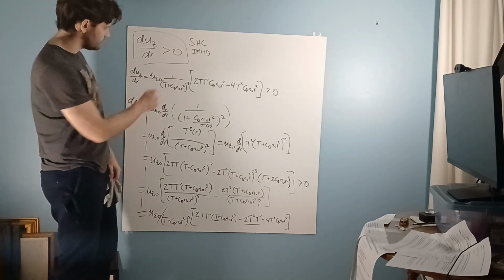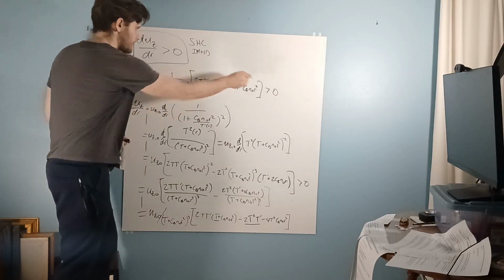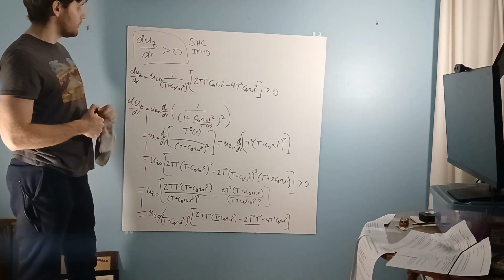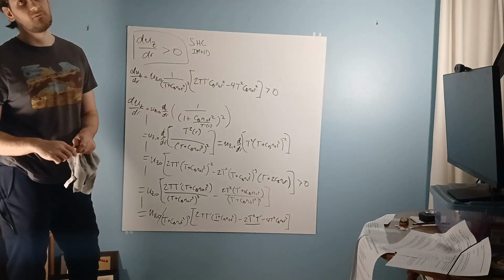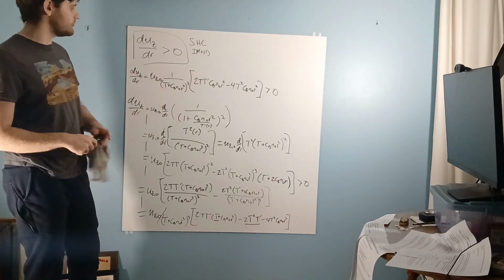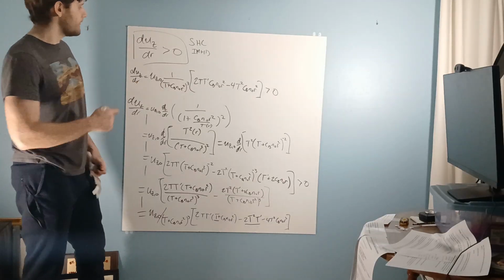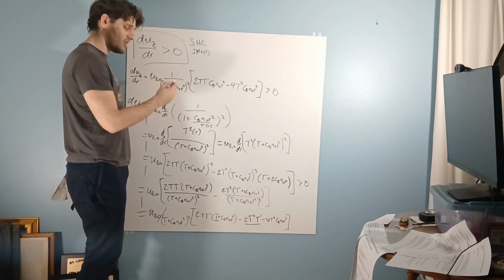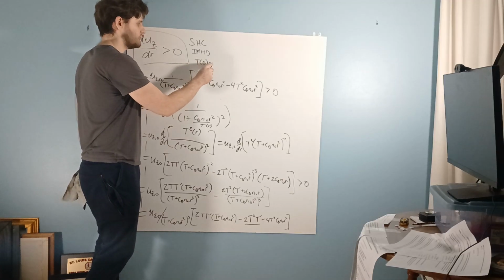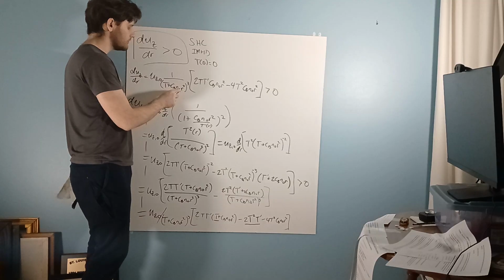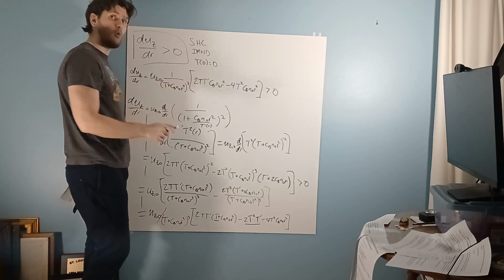Where the 1 equals this over itself, and then one of them goes to that side. But the problem is, what if this is 0? And if it's 0, then we have 1 over 0. So what would make this 0? What would make this 0 is actually, remember, our boundary condition, that t of 0 equals 0. So if r equals 0, this is 0, which is a problem.